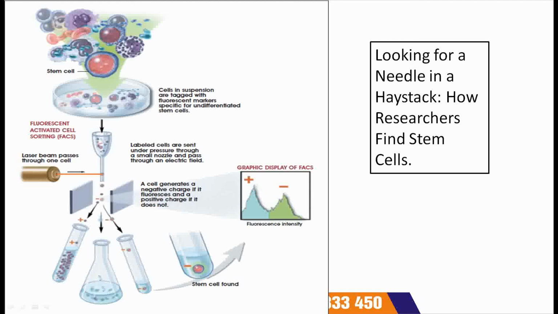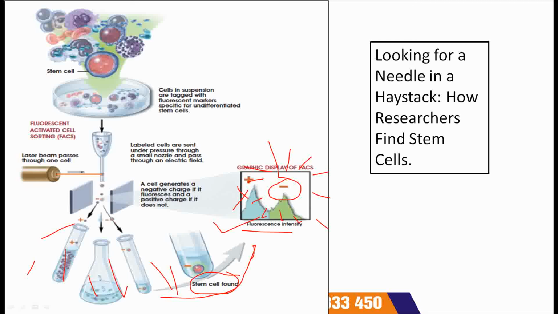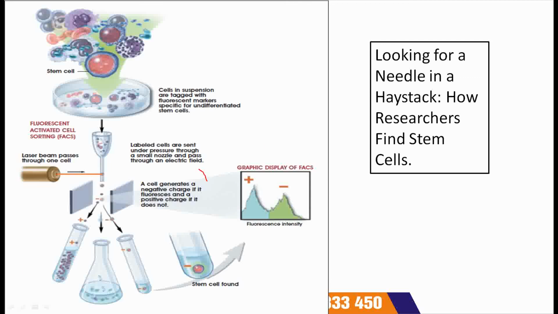So here you can see the negative charge indicates that this particular molecule is emitting light, and a positive charge indicates that it is not emitting light. After differentiation, when the stem cell is found, it will go on to be studied further. Fluorescence intensity is seen, and when our study is complete, we can easily identify the stem cell.